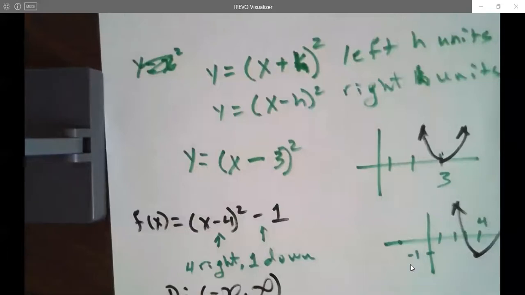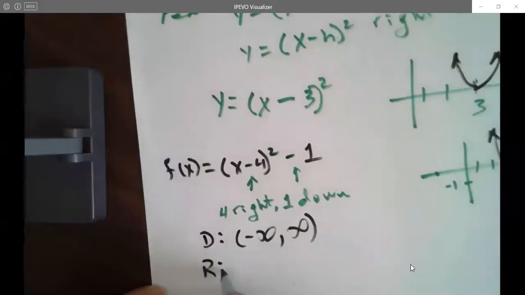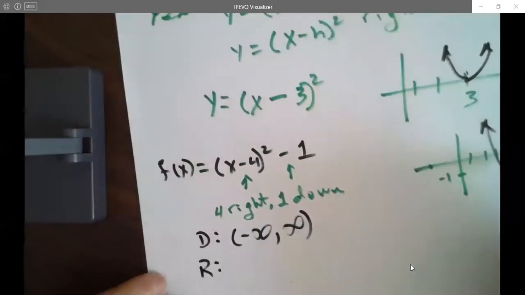You can either use set notation or interval notation. Let me see what they're using here. Okay, they're using interval notation. So it's negative infinity to infinity.